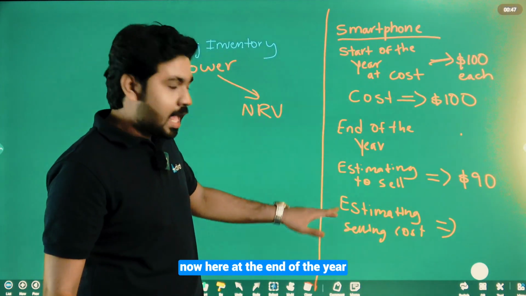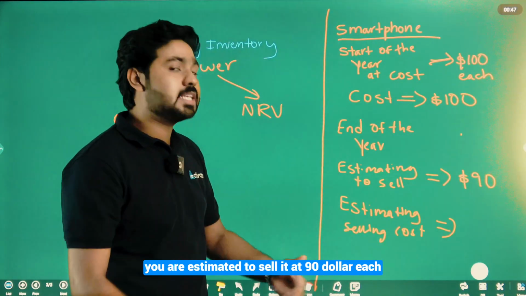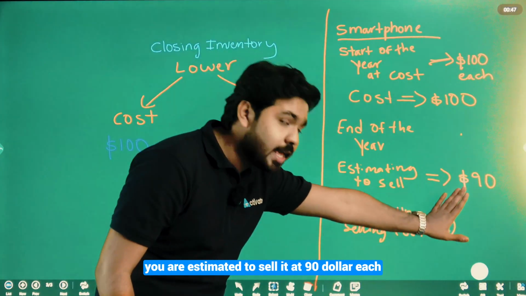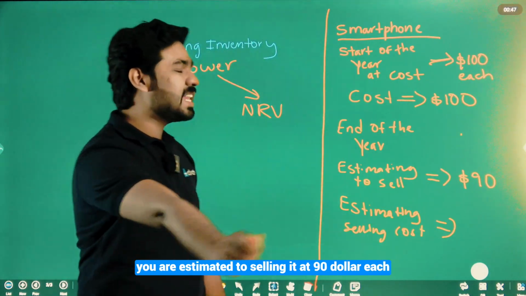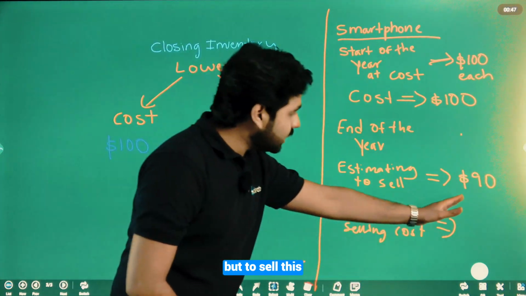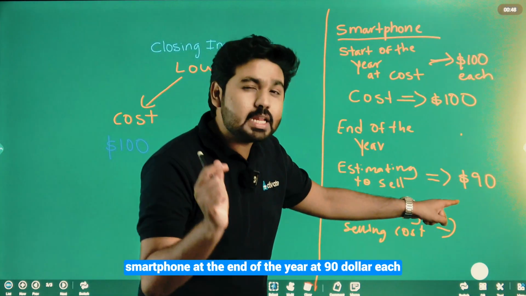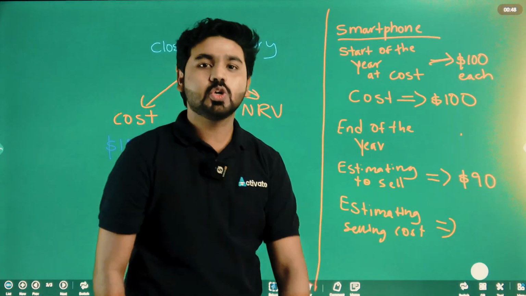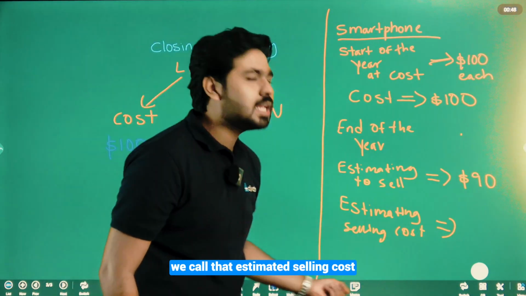Now here, at the end of the year, each and every smartphone is estimated to sell at $90 each. But to sell it, you will have to incur a marketing cost. We call that estimated selling cost.